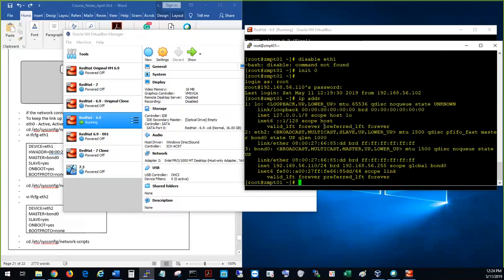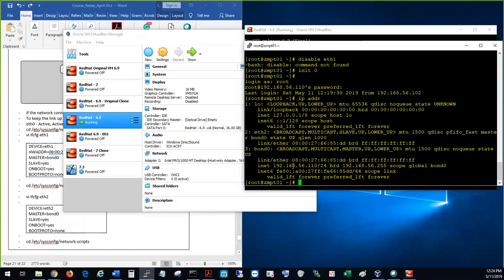Okay. So now you could see ETH1 is gone, right? ETH1 is down. And then what you see is bond 0 is using the link in 85DD. Okay, and if you look at the hardware address for ETH2, it says 8522.